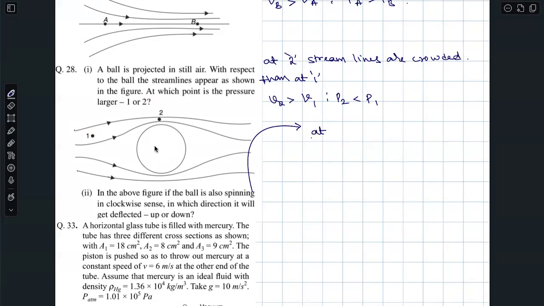Same situation. If it is clockwise, it is crowded over here, because this will drag some lines here. At this point, it is less crowded. So V top is greater than V bottom.